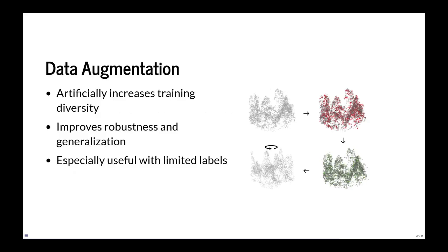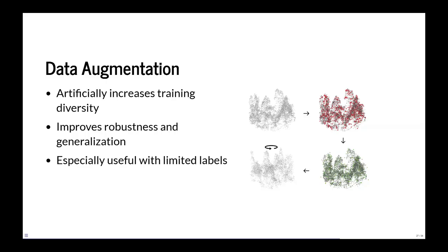Data augmentation is another very important term to define. We're not specifically doing data augmentation within this workshop, but you probably have heard of this. Basically, what this does is artificially increase the training diversity that we see within our models. Often, in forestry-related contexts, we don't have enough data to provide our models to learn the different variability that we see within these point clouds.